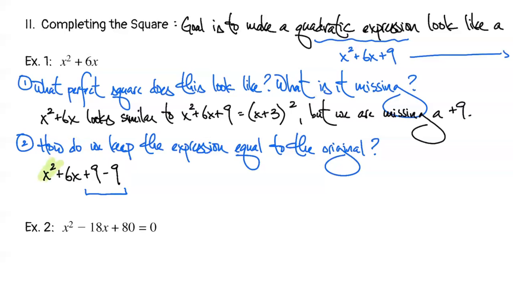Instead of writing x squared plus 6x plus 9, I can write x plus 3 squared. That would give me x plus 3 squared minus 9. Right? Because this minus 9 that we used to balance everything out, we still have to write it there.